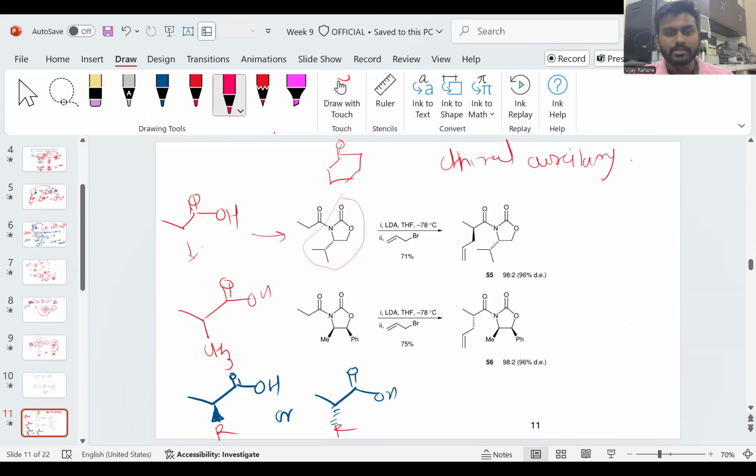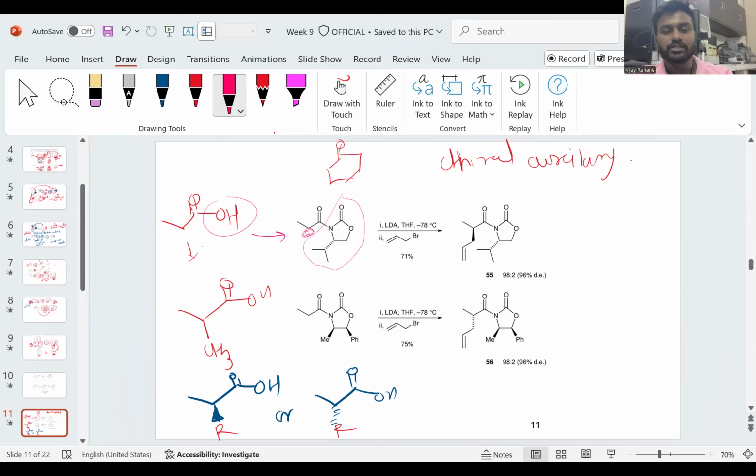In this case, one example is this chiral auxiliary that has been added. We first converted this material into this one. This is just a chiral auxiliary we have added by using the acid, with an acid-amide coupling, right? So I added this auxiliary to this one. Then we abstracted the proton by using LDA, and this is the proton which is getting abstracted.